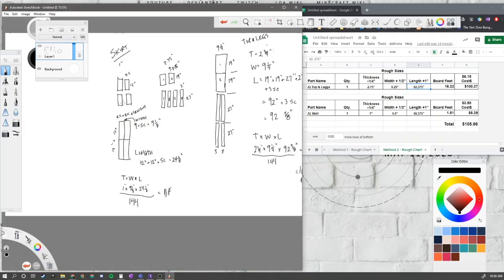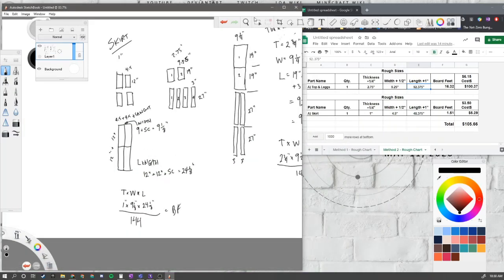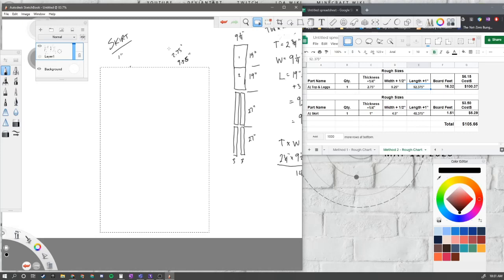Okay, so let's just redo that skirt example. I'm just going to really quickly grab all that and delete it.